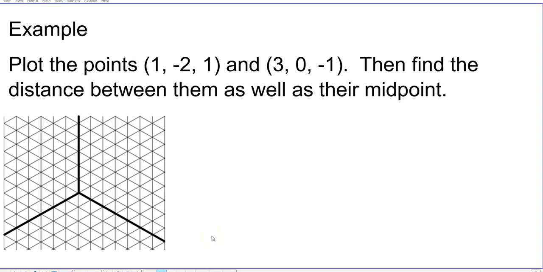Okay, so let's try this example together. It says plot the points 1, -2, 1, and 3, 0, -1, and then find the distance between them as well as their midpoint. Okay, so if you want to draw a new XYZ on your graph paper.